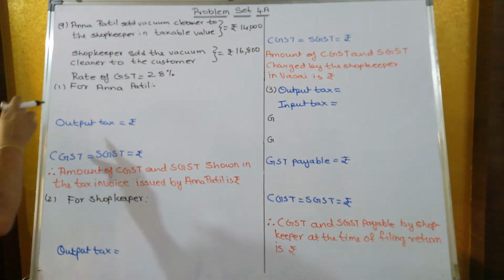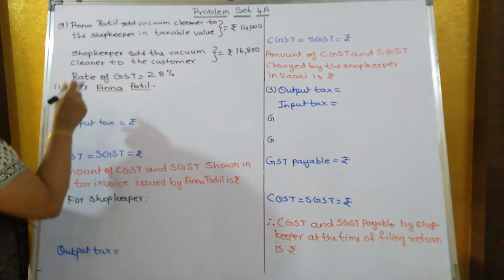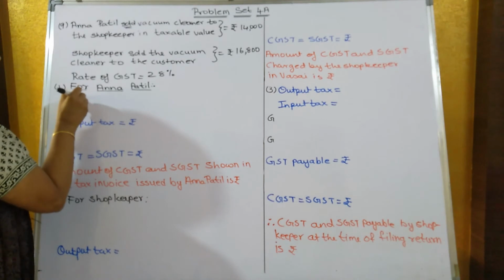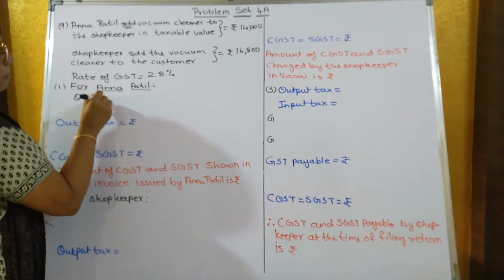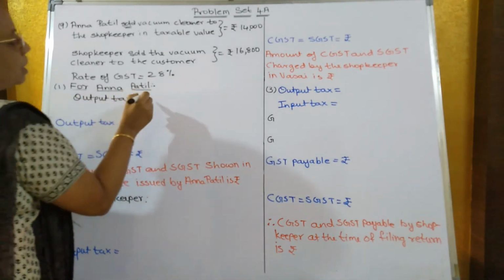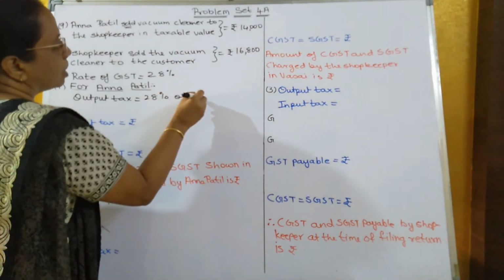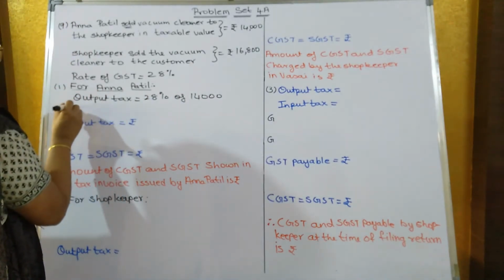So for Anna Patil, what is output tax since it is sold? So it will be output tax. So output tax is equal to how much? Is equal to 28% of 14,000. Therefore output tax will be equal to how much?